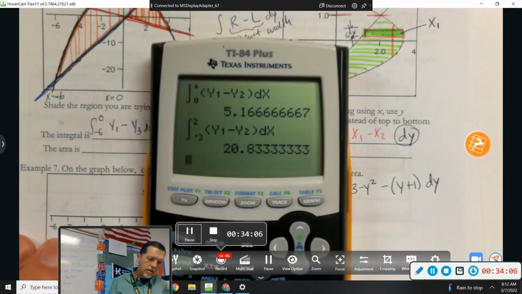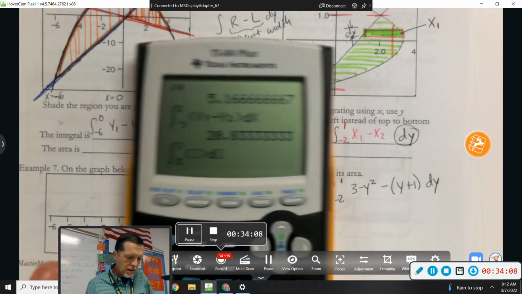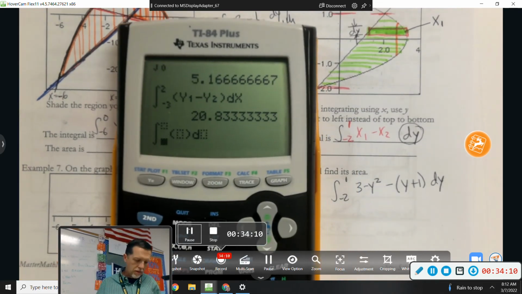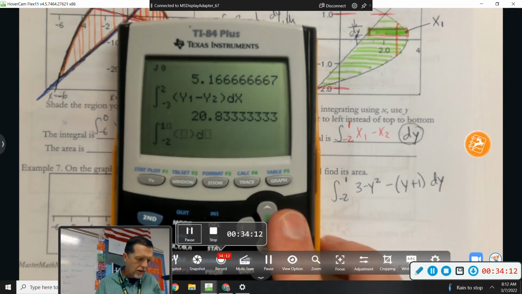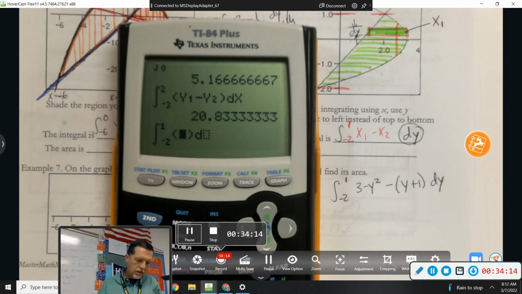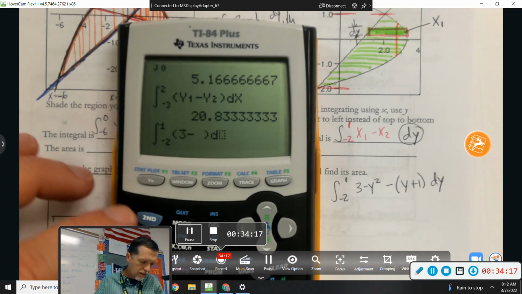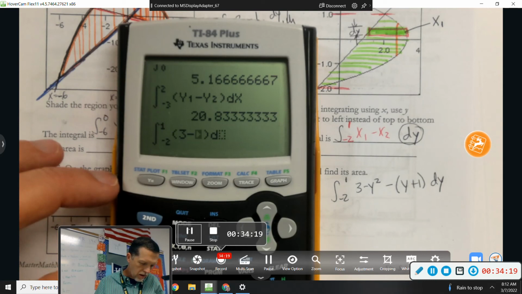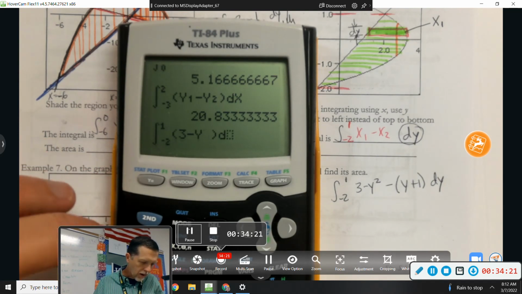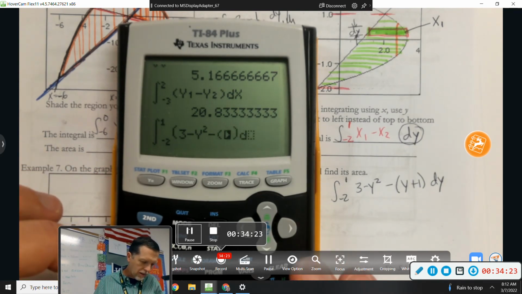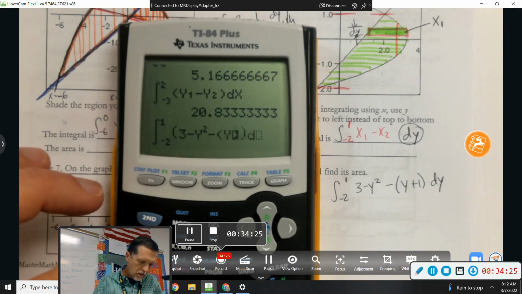So math 9. Now I'm going to type this one in manually instead of using the variables. 3 minus y squared minus y plus 1 dy.